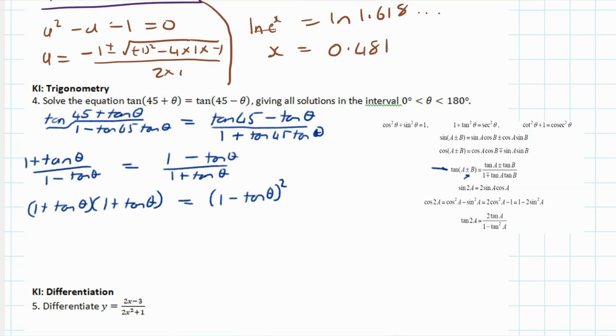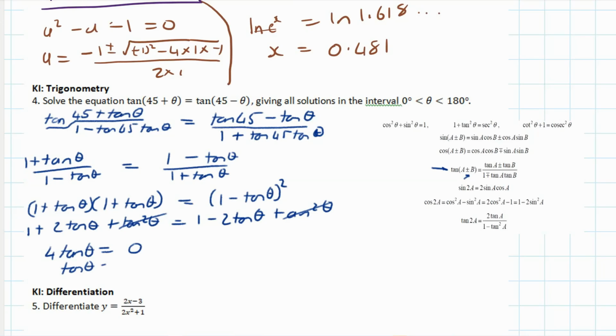What does this give us? 1 plus 2 tan theta plus tan squared theta equals 1 minus 2 tan theta plus tan squared theta. Let's gather everything across to the right hand side. You can see we get rid of these. When we bring everything else across, all we'll be left with is 4 tan theta equals 0.